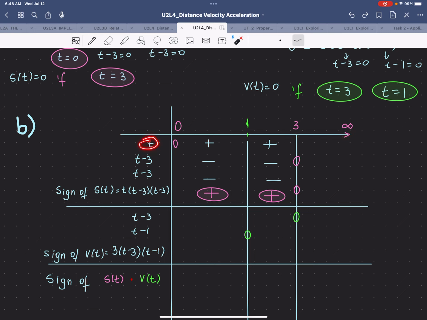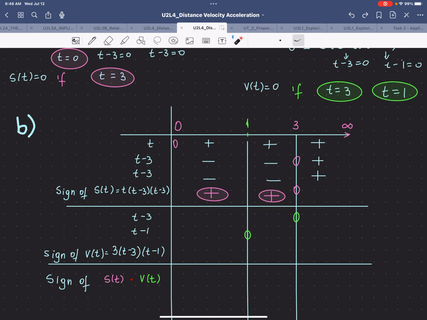So t is always positive. These are all positive numbers. And t minus 3 and t minus 3 are positive, and that will make the entire product positive. Now remember that t minus 3 has passed its 0, which means that the sign will be positive.